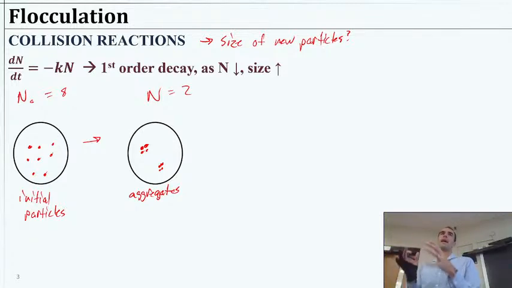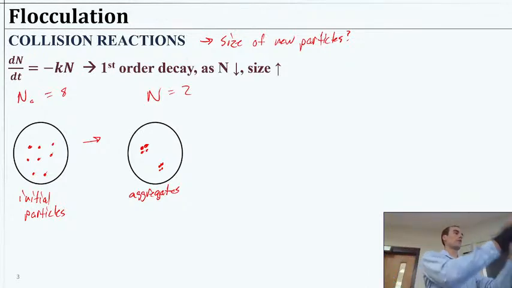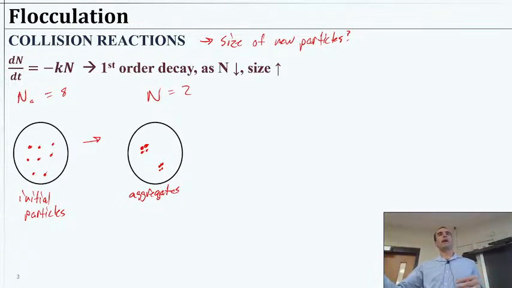Our design task might be, well, we know we can do this, so how do we get there? Or maybe I say, given this flocculation situation, what's our resulting particle size, and will that settle? There are a lot of different questions, but all oriented around the same sort of mass balance that we can use with the flocculation to know something about these final particles. So that's where our mass balance is going to come in.